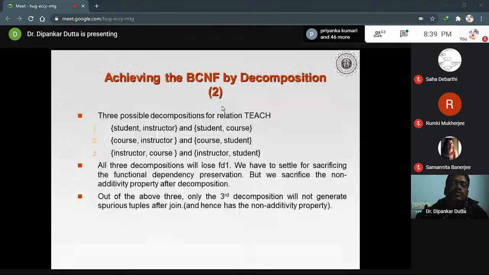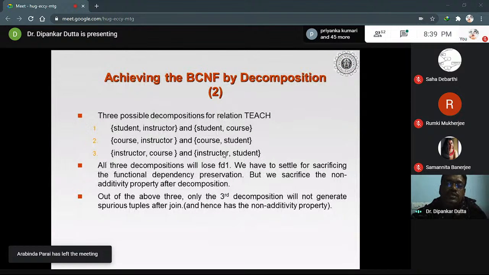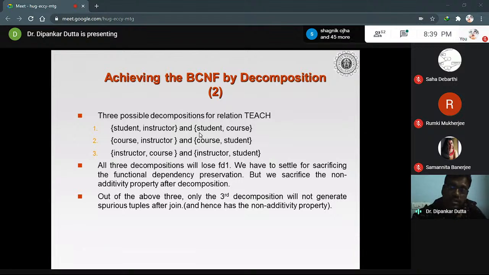So if you want to achieve BCNF and you divide it further, you will lose dependency. Out of the above three, only the third decomposition will not generate spurious tuples after join, and hence has the non-additivity property.